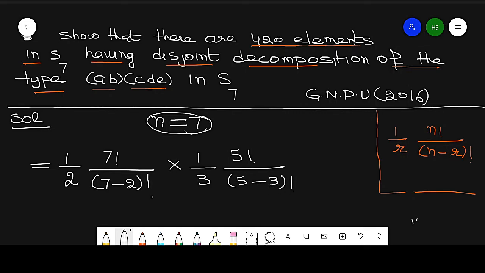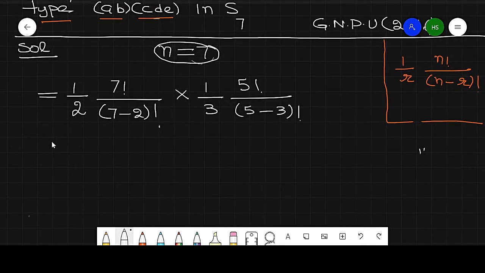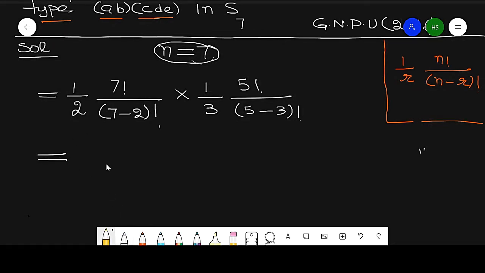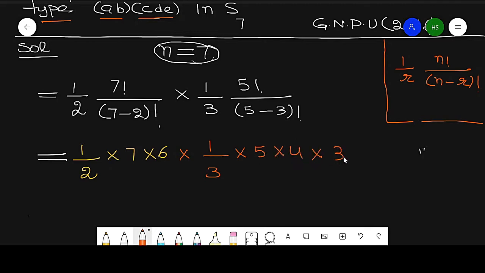So what do we get? This value is equal to 1 by 2 times 7 into 6, times 1 by 3 times 5 into 4 into 3, right?